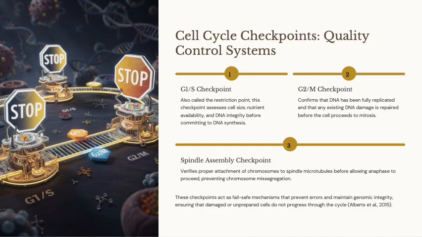If even one chromosome is not correctly attached, the checkpoint prevents progression into anaphase. This mechanism prevents unequal chromosome distribution, which could result in aneuploidy. Chromosomal instability caused by spindle checkpoint failure is frequently observed in cancer cells.